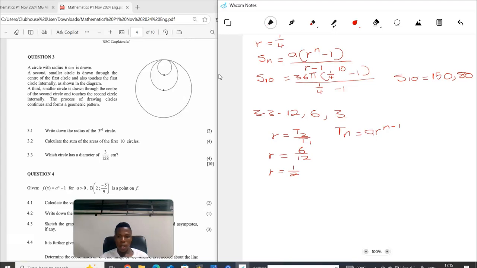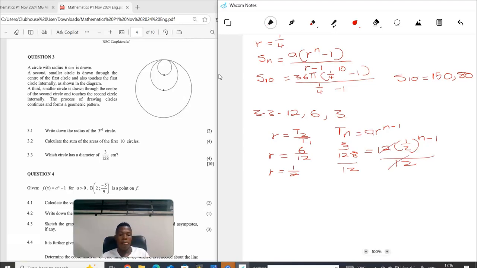For Tn I put 3 over 128, my a is 12, and my r is 1 over 2 to the exponent n minus 1. Therefore, I will divide by 12.